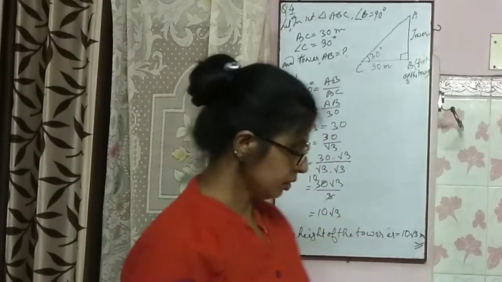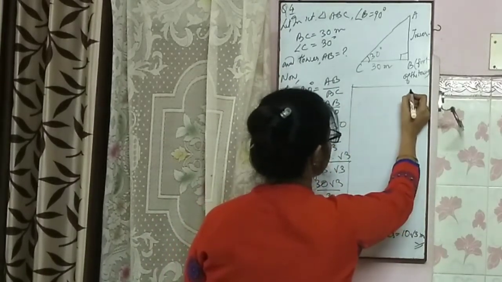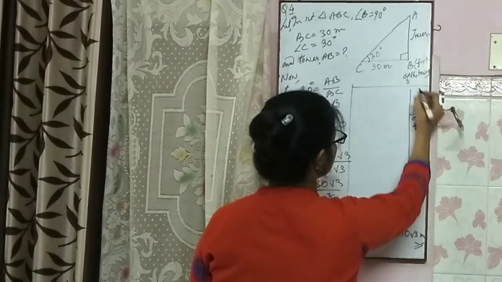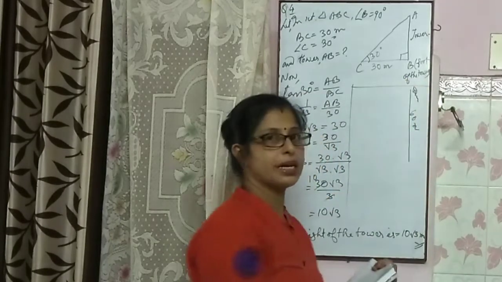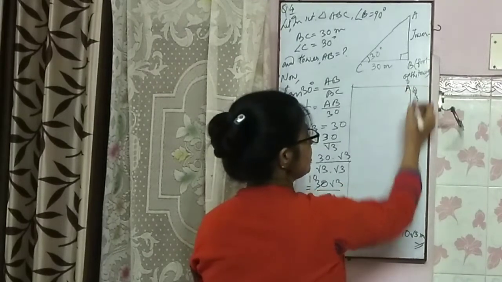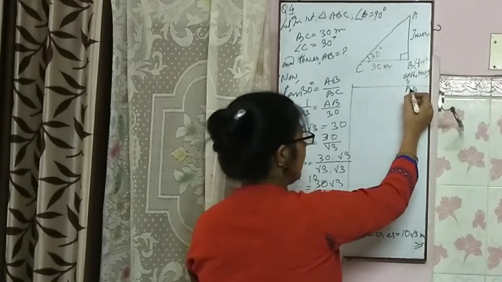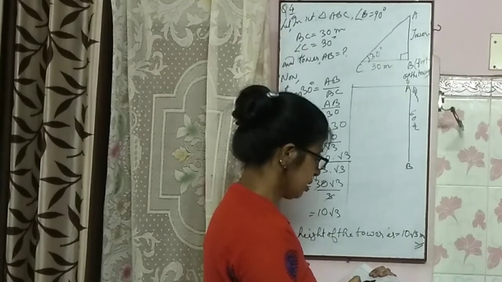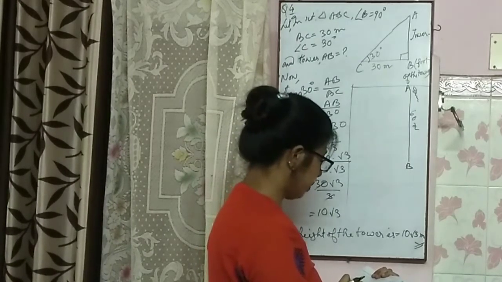A kite is flying at a height of 60 meter above the ground. Say, here is a kite flying above the ground at 60 meter. Say it is AB at a height of 60 meter, and the string attached to the kite is temporarily tied to a point on the ground.